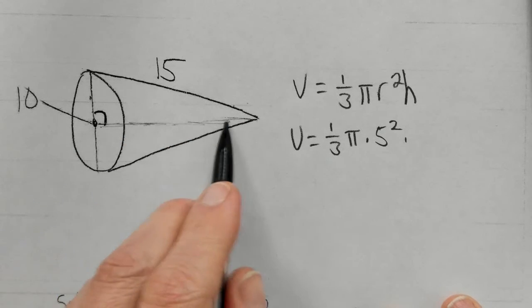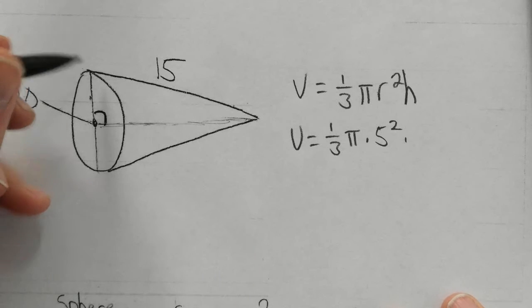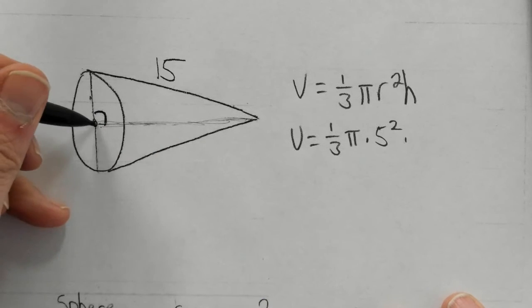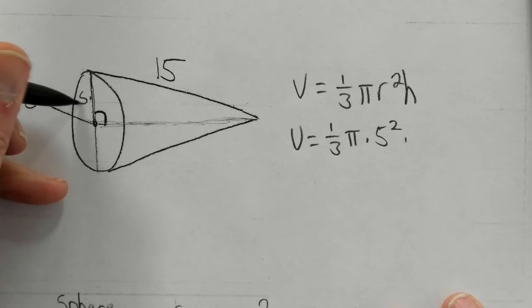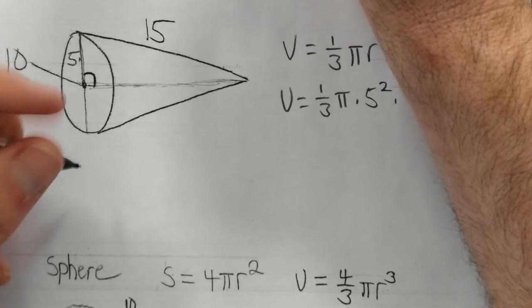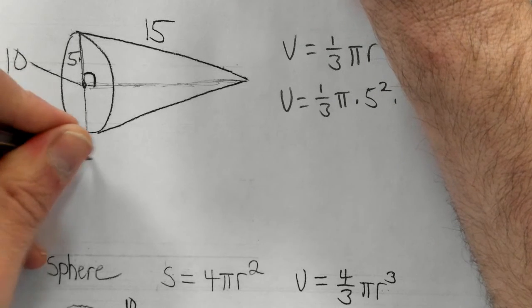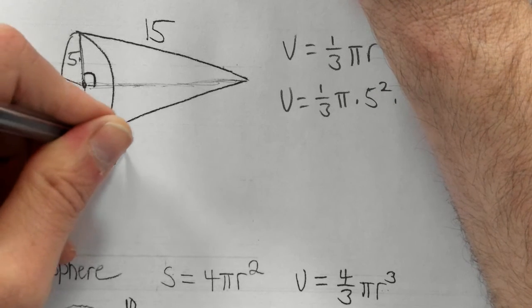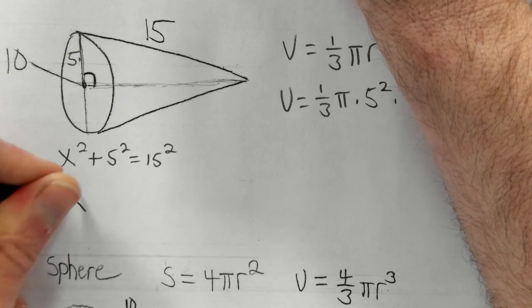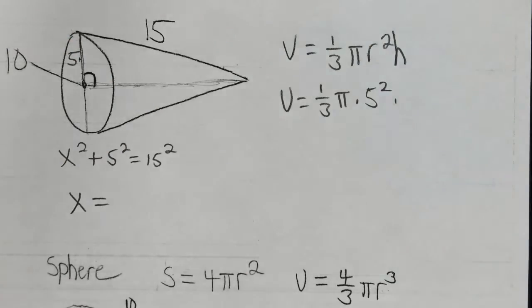I need the real height. Once again, slant height, real height, and the radius, which is 5, create a right triangle. So Pythagorean theorem, x squared plus 5 squared equals 15 squared. 15 is always the hypotenuse. Bring the 5 squared over, change it to minus.